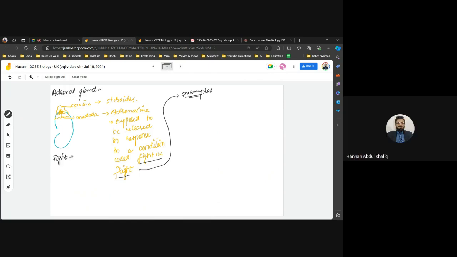Fight does not literally mean to fight. It means tackle. Flight means avoid. Tackle or avoid. This is one type of emergency situation.